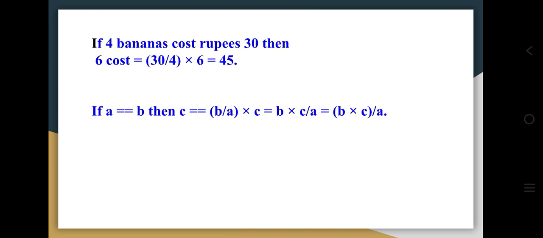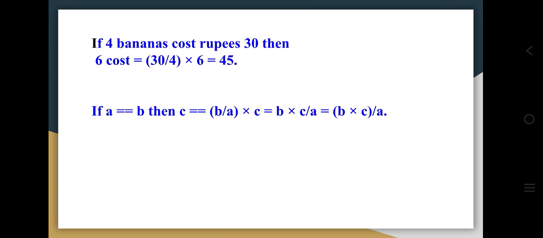We know that if 4 bananas cost rupees 30, then 6 cost 30 by 4 into 6. And in general, if A corresponds to B, then C corresponds to B by A into C, or B into C by A, when the entities corresponding to A and B are directly proportional.